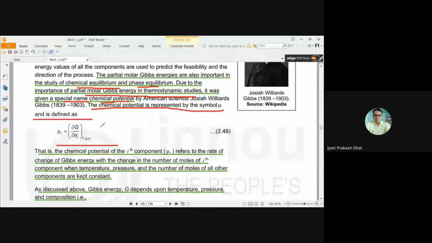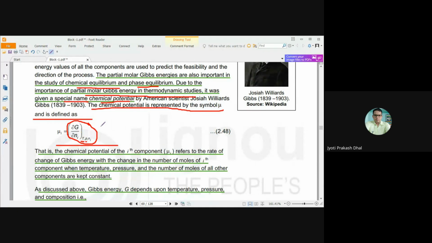The chemical potential is nothing but the partial molar Gibbs energy, and the expression is del G by del n_i at constant temperature, constant pressure, and constant number of moles of the remaining terms, that is, except the ith term, represented as n_j. That is called partial molar free energy, partial molar Gibbs energy.